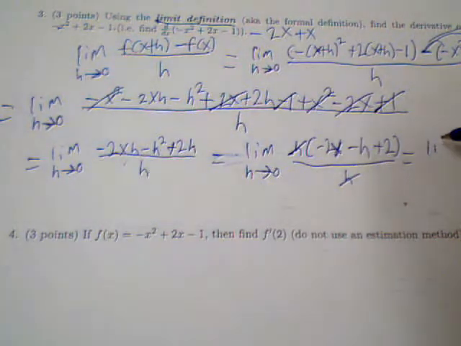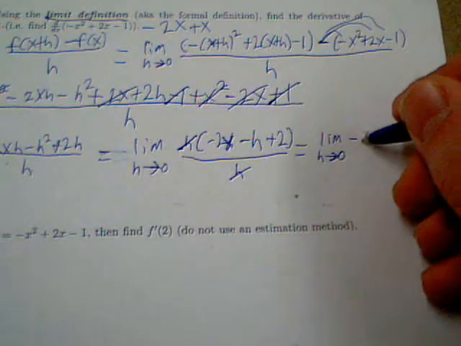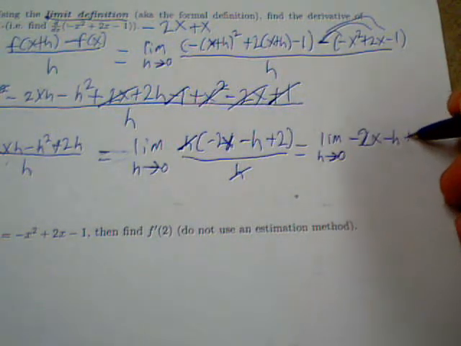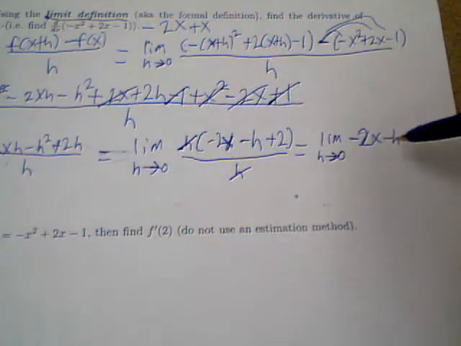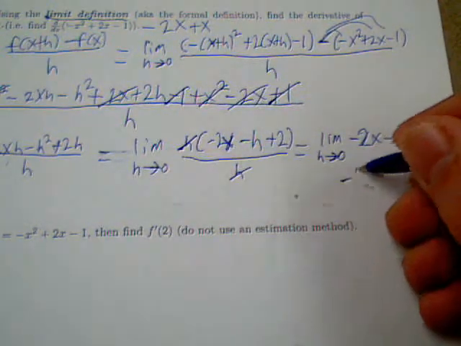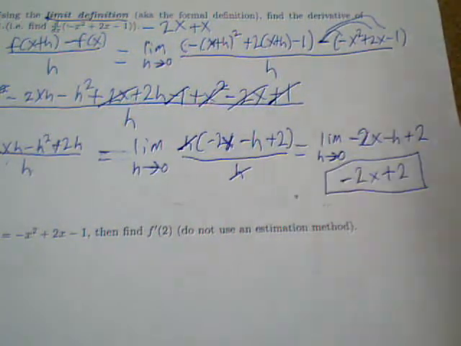I'm left with the limit as h approaches 0 of negative 2x minus h plus 2. Well, now this, as h approaches 0, well, I'm just going to be left with negative 2x plus 2. So that should be my answer.